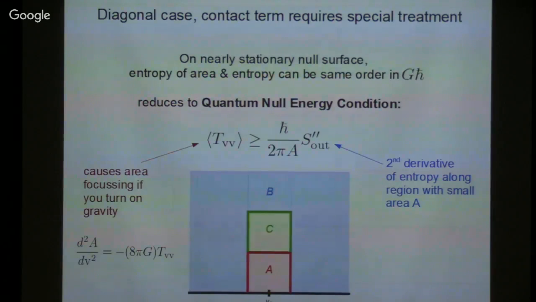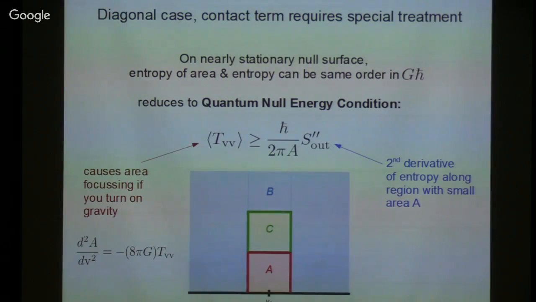But the more non-trivial thing is what if you take a second derivative that is along a single little pencil of these light rays, of this null surface. So it's most interesting to think about a case in which your null surface, traveling at the speed of light, is nearly stationary, where you just deform it a little bit with quantum fields, because then both the area piece and the entropy piece turn out to be the same order in your expansion parameter, which is G times h bar.